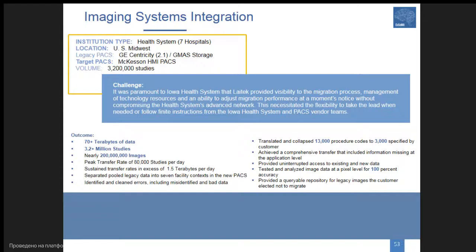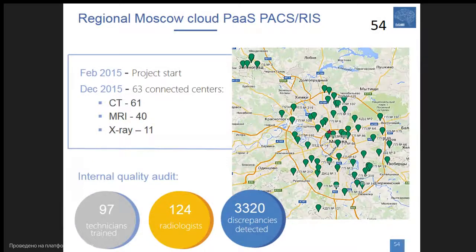So it is possible. We have now the Moscow project with the PACS, which has been installed. The project started 2 years ago. There are many regional PACS systems around the world, and the great thing is that the common PACS or united PACS provides the common workflow for radiologists, for technicians.